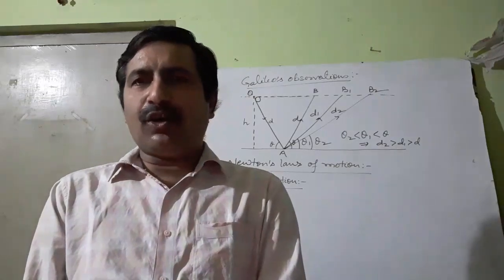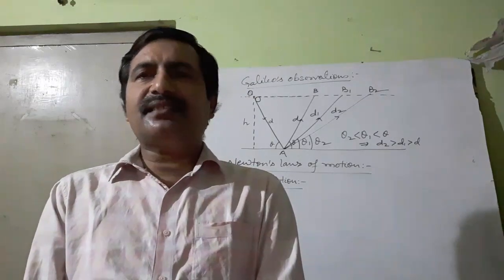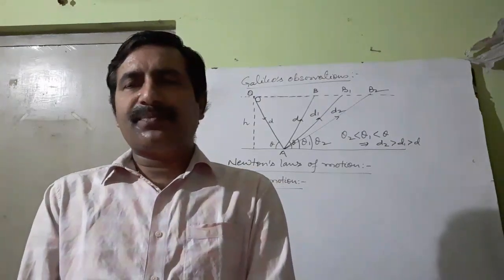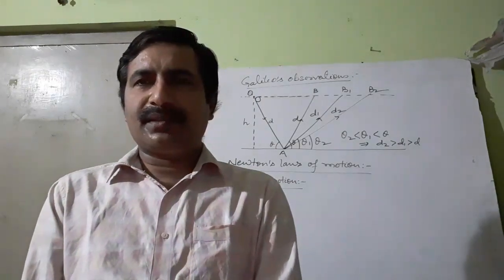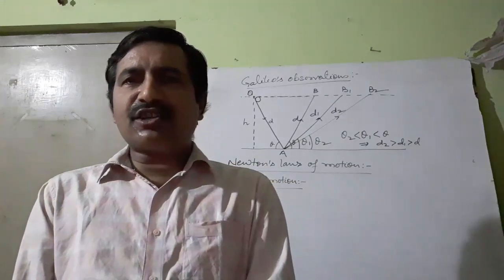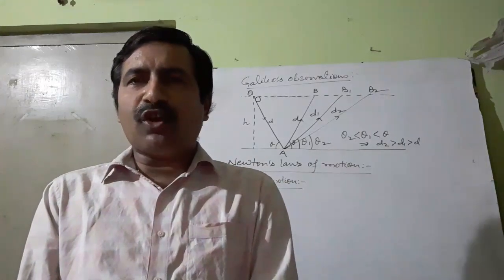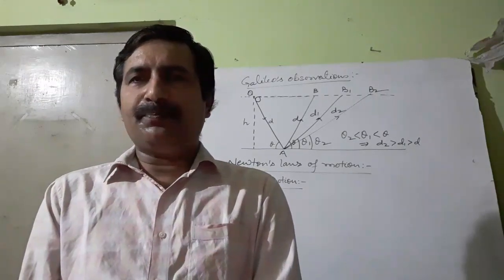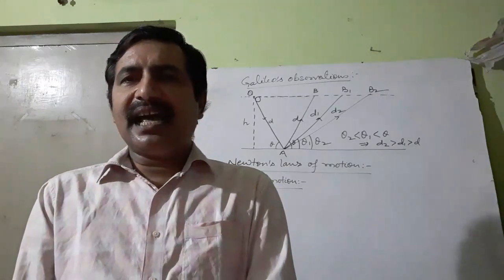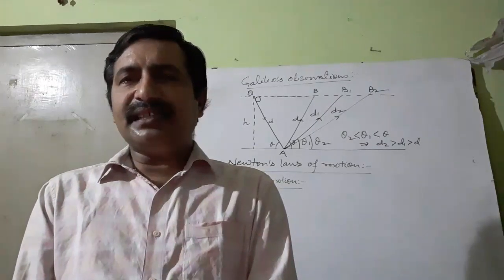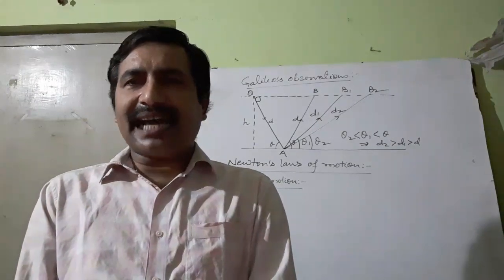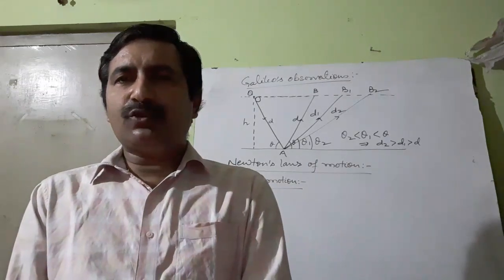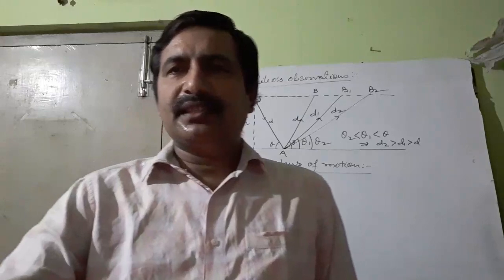The first part of this law defines inertia, and the second part defines force. Hence, the first law of motion is also called the law of inertia. This is all. In the next lecture, I will describe inertia, I will describe force, and then we will move to the second law of motion. Thank you.